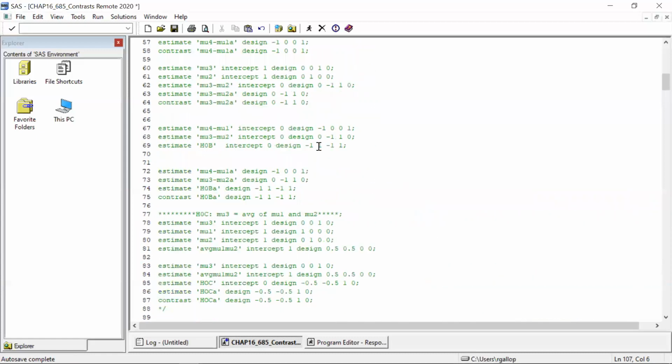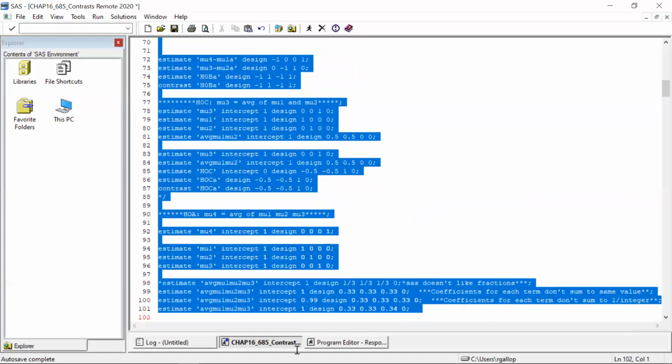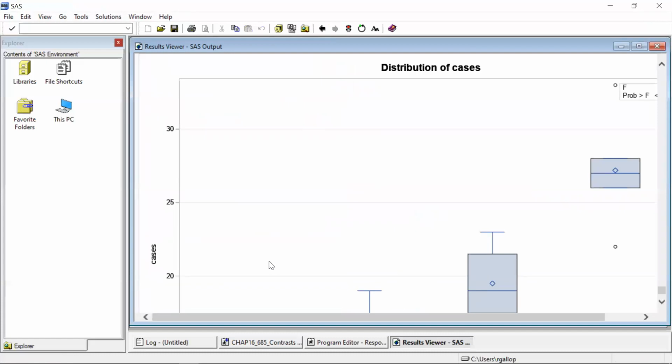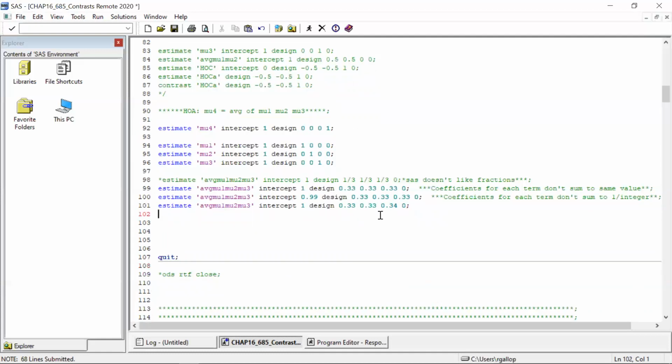Let's see how this guy rolls. So when I run this, still running into a problem here. So let me go ahead back to this guy really quick here. So the intercept is 1, design 0.33, 0.33, 0.34 is 0. Oops, my mistake. So let me comment out these guys.